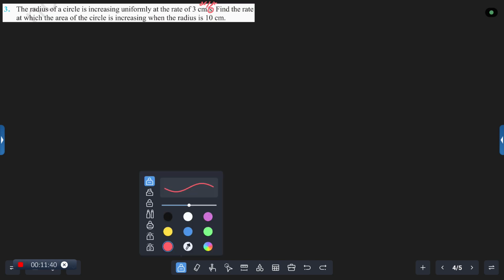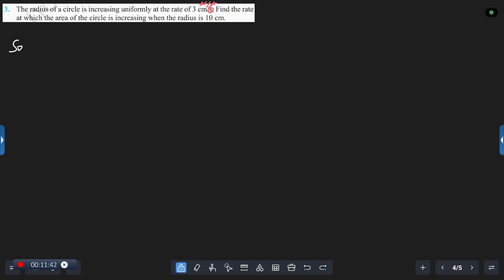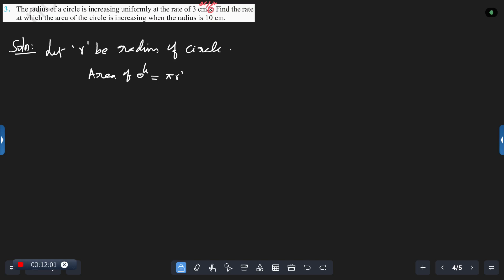Yes, now here is the solution. Let r be the radius of the circle. Then what is the area? What is the area of a circle, Kanna? Pi r square units.